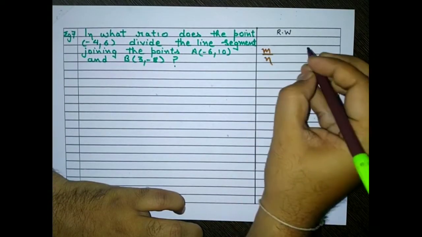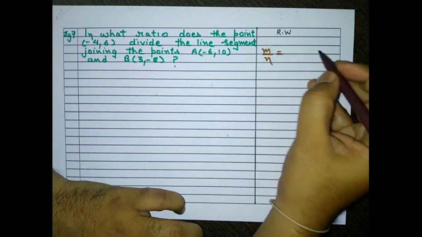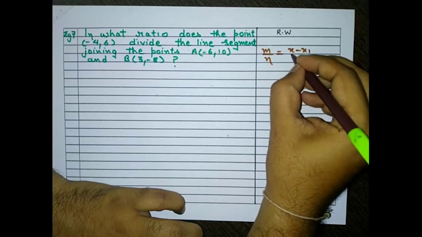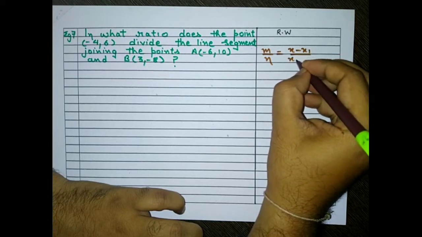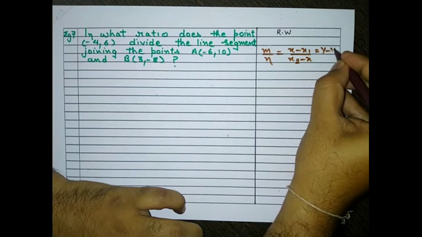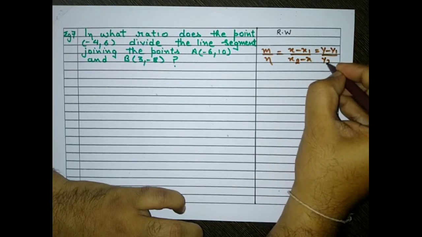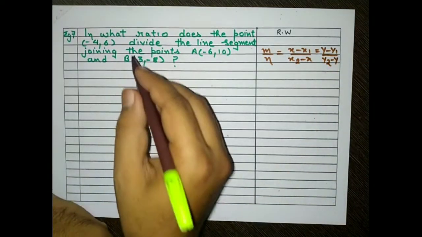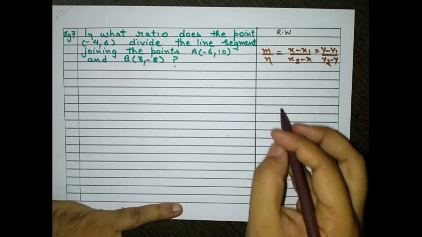across this step where the ratio m by n was equal to (x - x1) over (x2 - x), which is equal to (y - y1) over (y2 - y). Whenever we need the ratio, we will be using this expression directly.